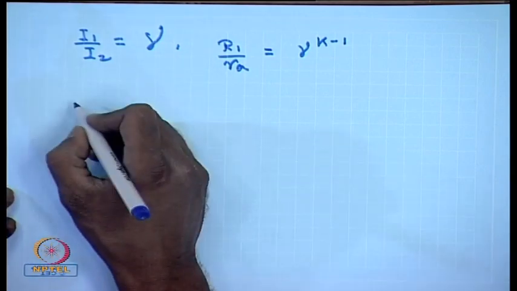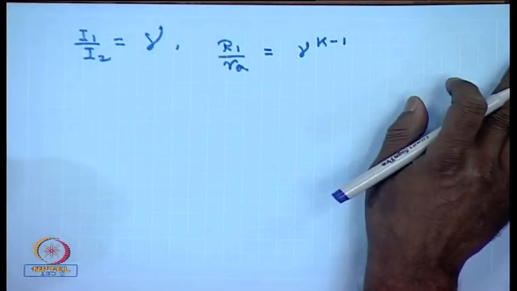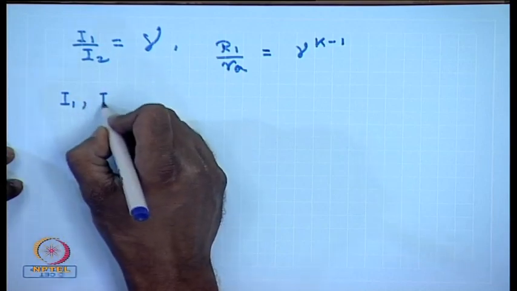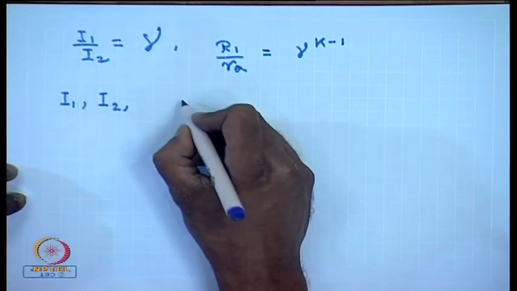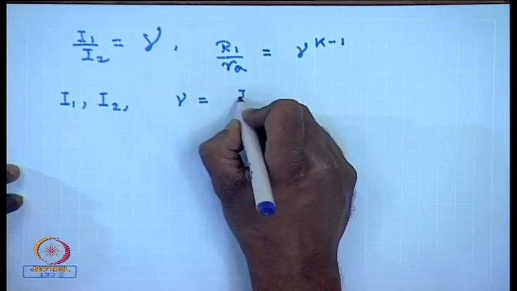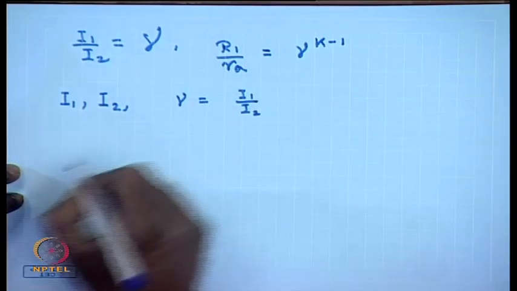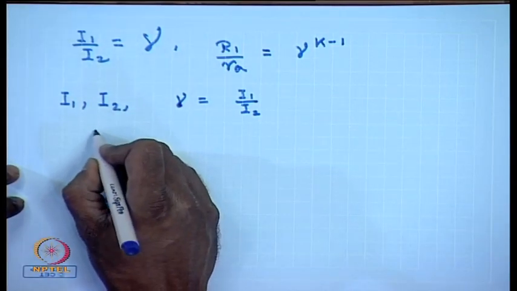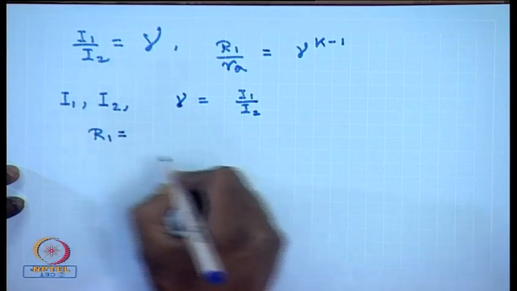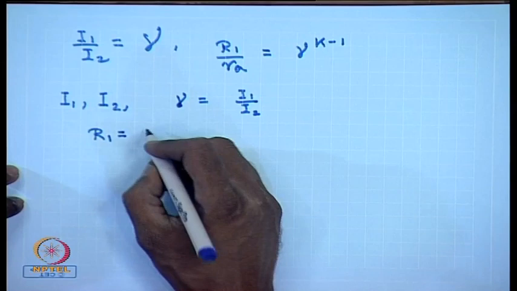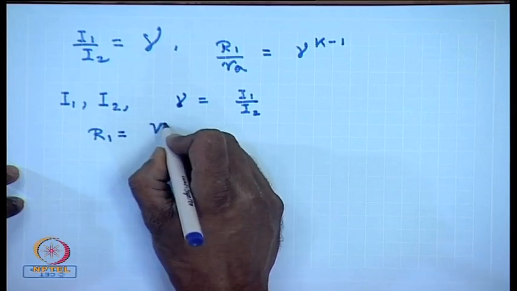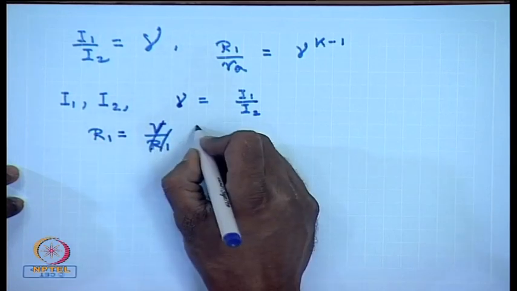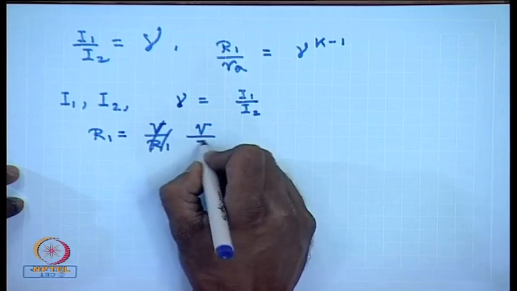Now, the design process goes like this. First we choose given values of I1 and I2, then we find the value of gamma equal to I1 by I2. In order to restrict the starting current to a value of I1, R1 will be chosen as V by I1.